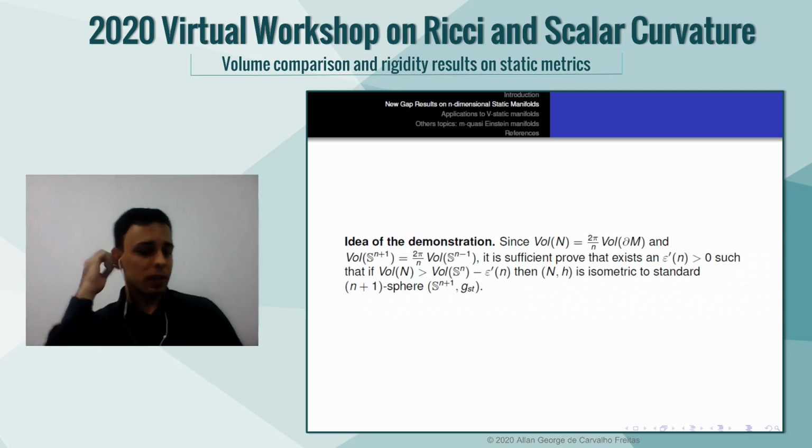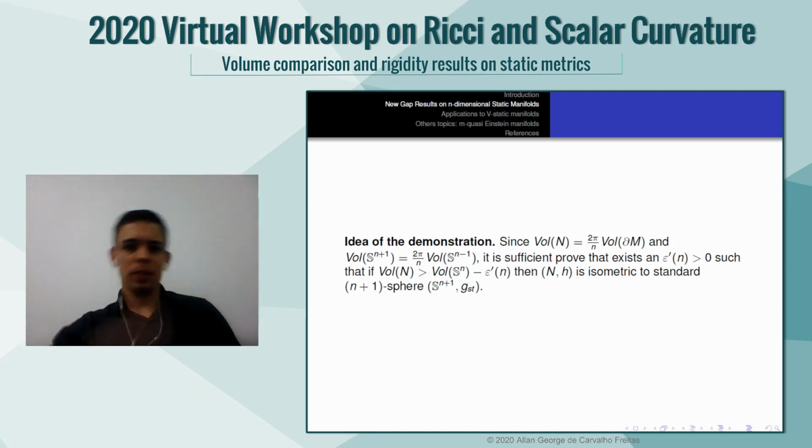For the proof here, we have some observations. This comes from the relation, using the Fubini argument that I mentioned earlier, and we have this recurrence relation between the volumes of spheres.